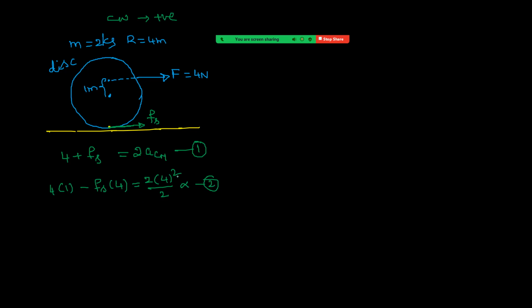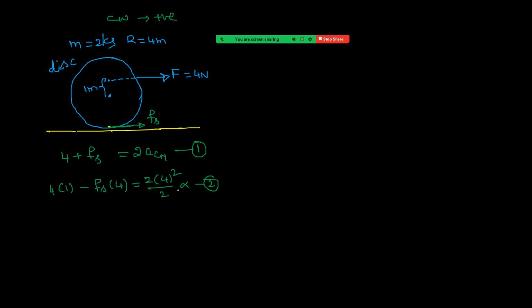Let us see the number of unknowns: frictional force, ACM and alpha. Three unknowns, so we require one more condition.